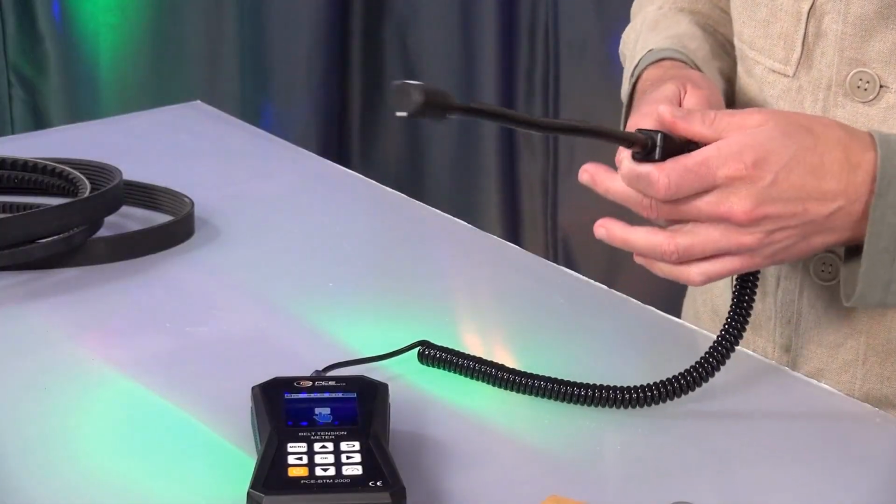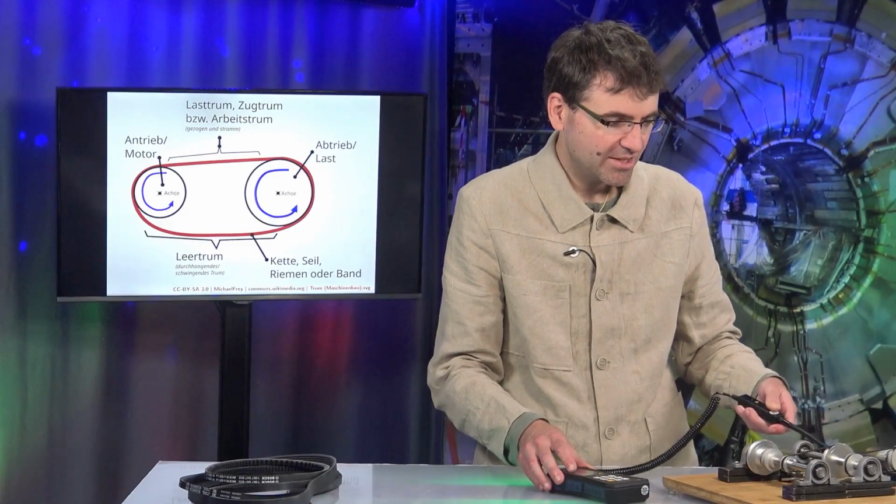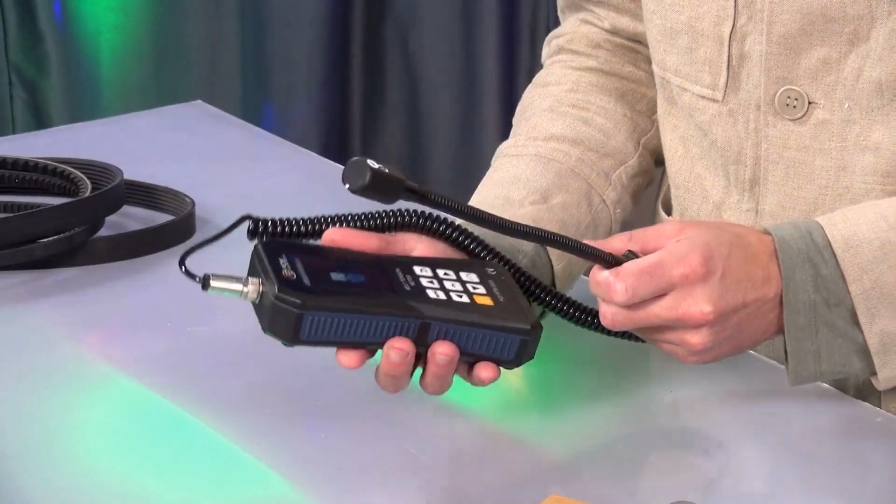In order to reach under covers, for instance, or here in my demonstration setup, so that I can quickly reach underneath something here and still take measurements in areas that are normally inaccessible to me. The gooseneck is 25 centimeters long.